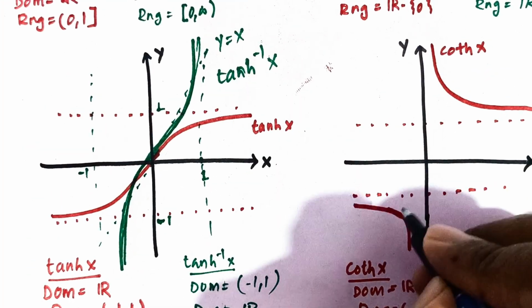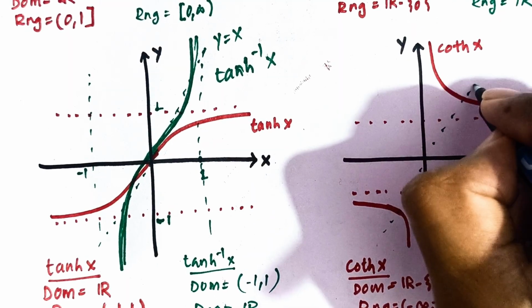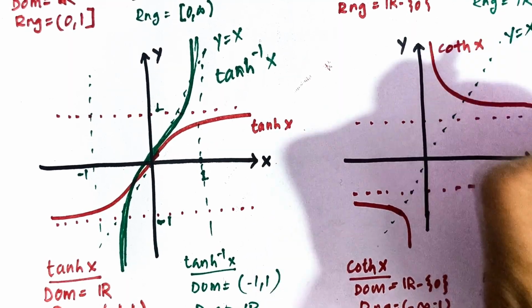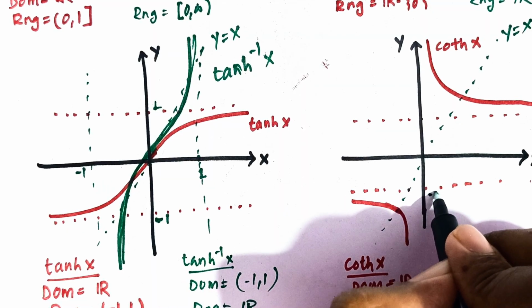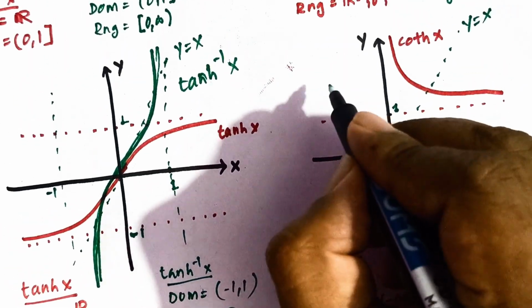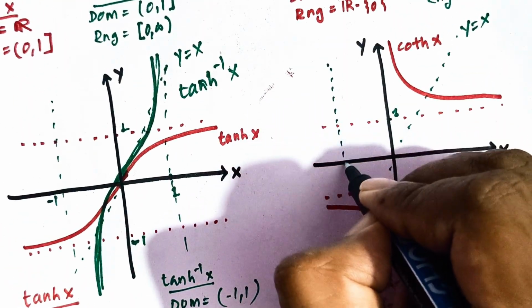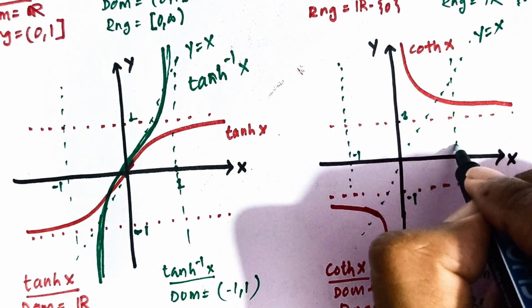And when you reflect this graph about the y equals x line, this is y equals minus 1, this is y equals 1, they will be reflected to x equals minus 1 and x equals 1.